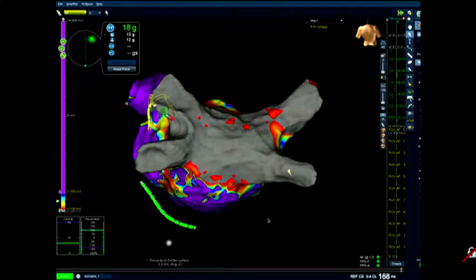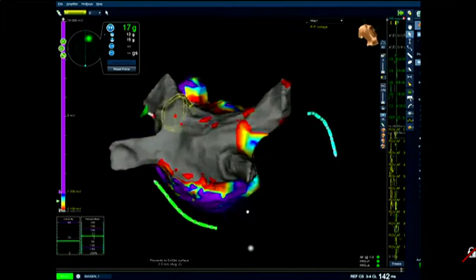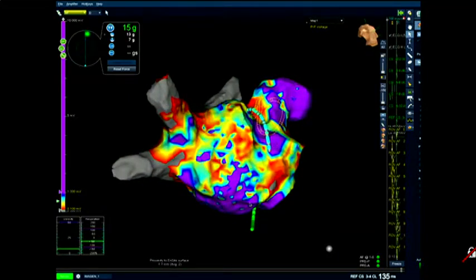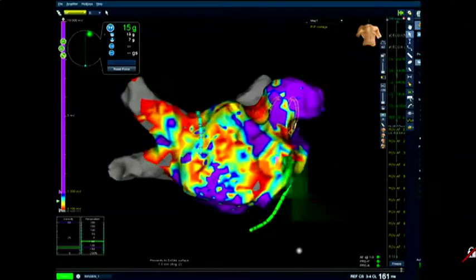And as you can see, the pulmonary veins are all isolated. The posterior wall is isolated. Please turn it around. There is a fractionated substrate component. I don't know if this is because of a prior ablation in the septum and the anterior portion of the right pulmonary veins. Turn it, please, Diego.